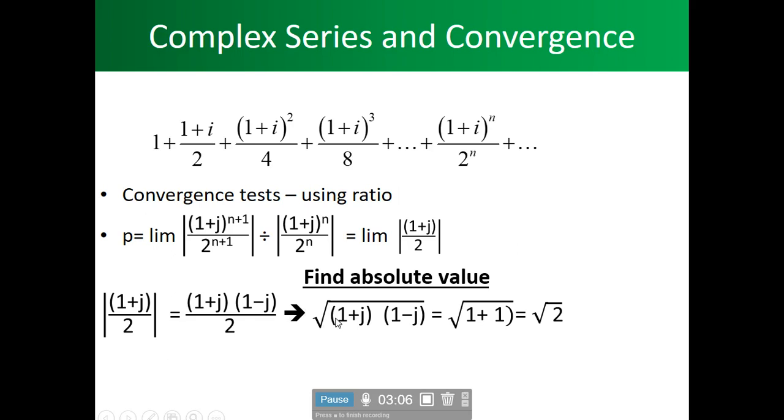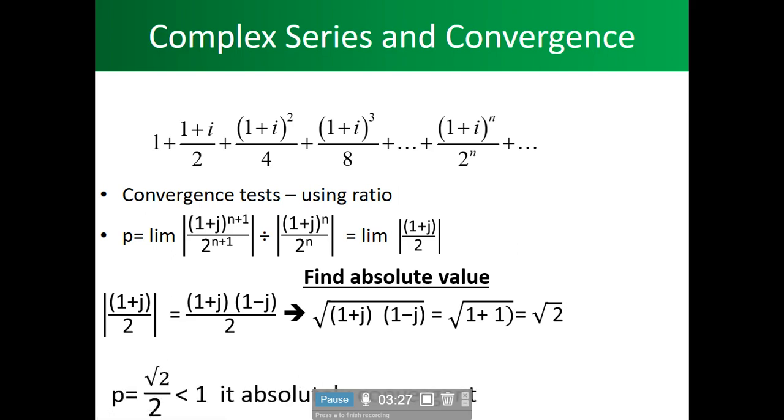Okay, so when we finish multiplying them out and taking the square root of that perfect square, we should wind up with 1 squared plus 1 squared, the square root of that, which is the square root of 2. And so what do we find?